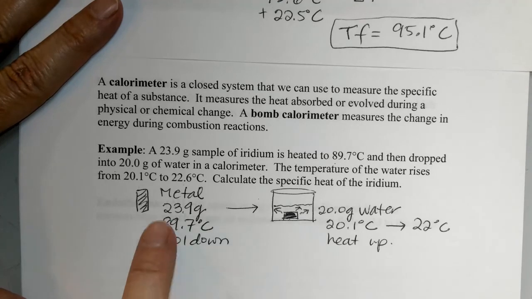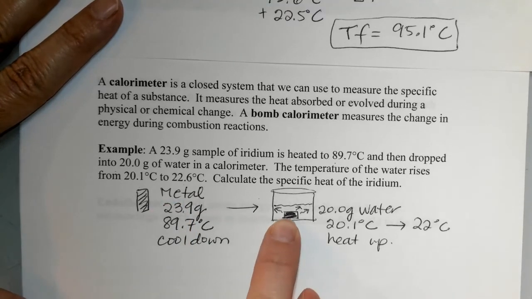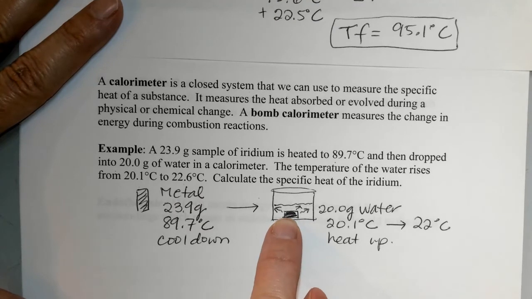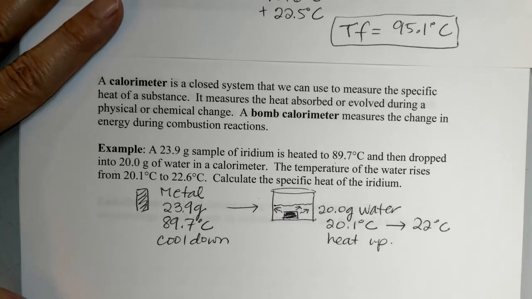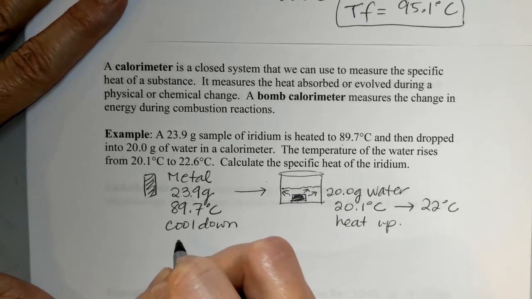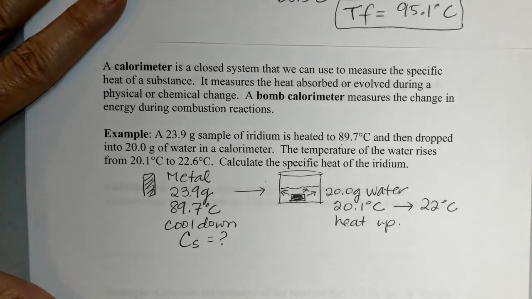Whatever heat exchange happens between metal and water, we don't lose any of that energy to anything else, like the air or some other part of the system. We're just going to take the metal, put it into the water. When it's submerged, the metal will cool down, the water will heat up, and that is that transfer of energy. And what we want to figure out is the specific heat capacity of the metal, of the iridium.